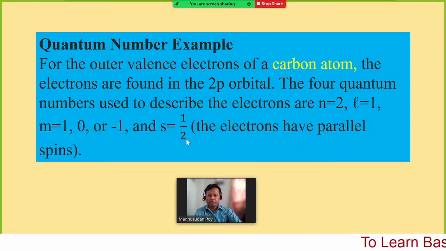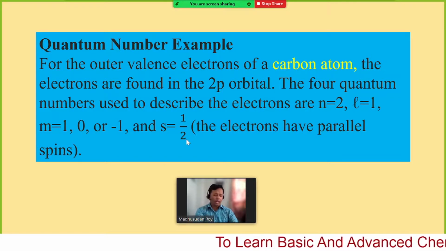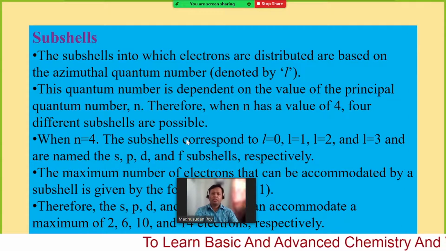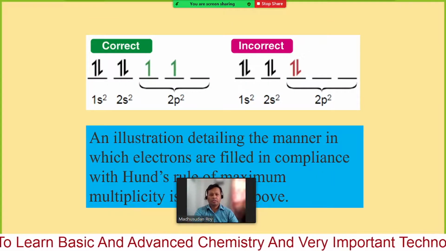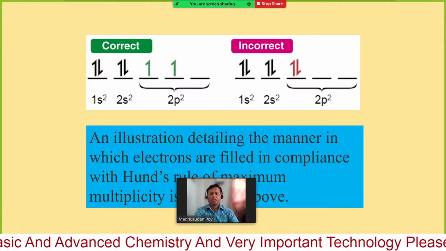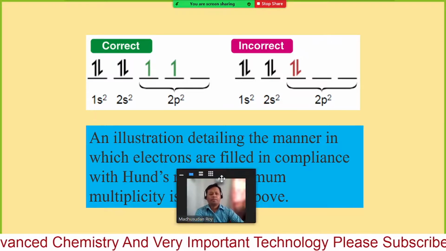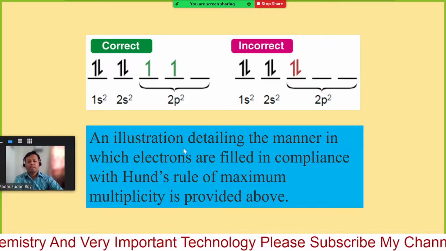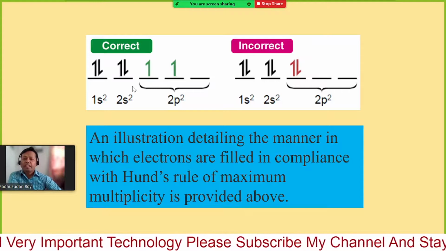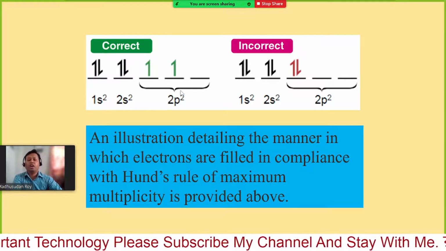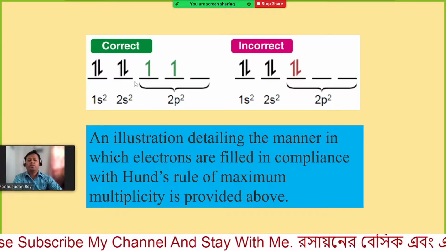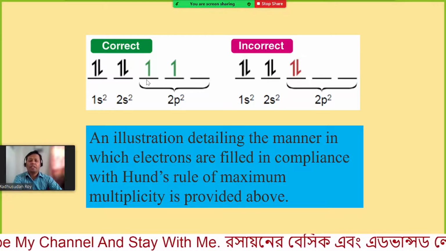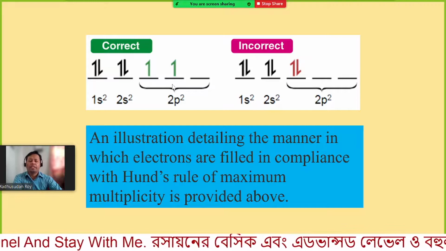Outermost electron, that means for carbon, this is the electronic configuration of carbon. If you want the electron configuration, this is the 2p orbitals.